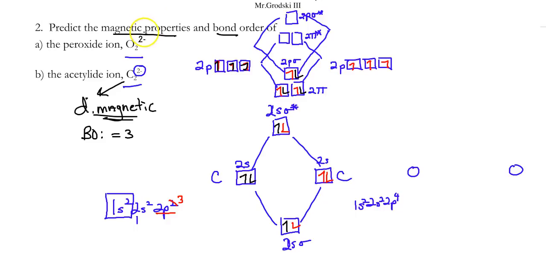Now this is O negative 2, so we're going to add electrons. This oxygen is 2p4 as well. So each of these oxygens coming together will be 2p5. So we're going to start with a 2s orbital. We're not going to talk about the inner 1s orbital. So this is going to represent 2s atomic orbitals.